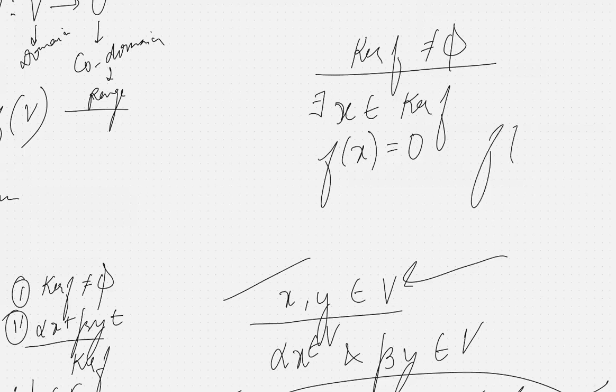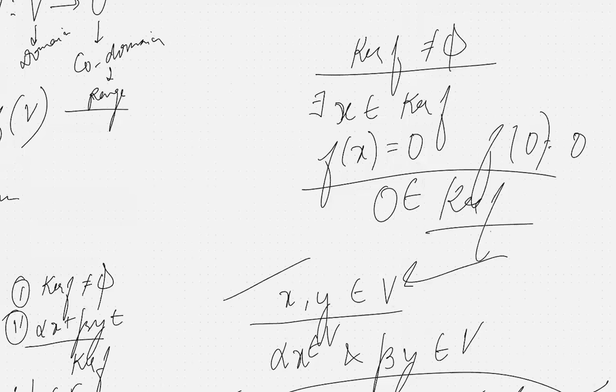So 0 belongs to kernel f; that is, x is actually 0, because this is true. Let's see now. Let's start.